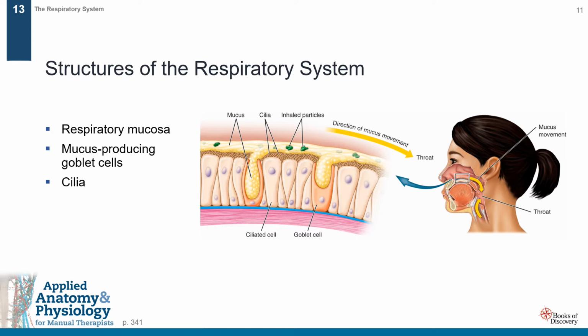The mucosa warms and humidifies air and traps inhaled particles in its sticky mucus. Cilia move mucus toward the pharynx, which is the throat, to be swallowed or expelled.